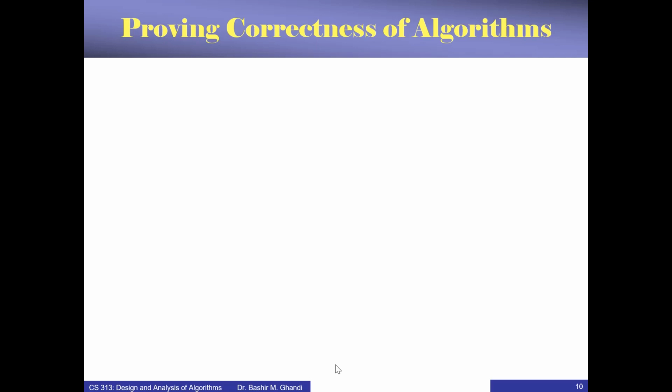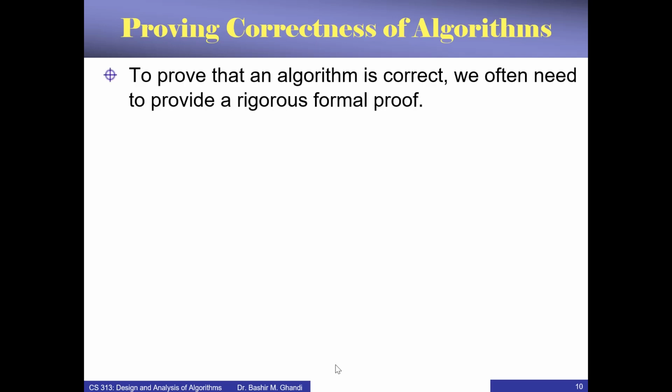Okay, the next aspect is showing you examples of how to prove an algorithm is correct. Okay, so to prove that an algorithm is correct, we often need to provide a rigorous formal proof. As we normally learn from mathematics, when a statement is made, you need to really formally show that that statement is correct.